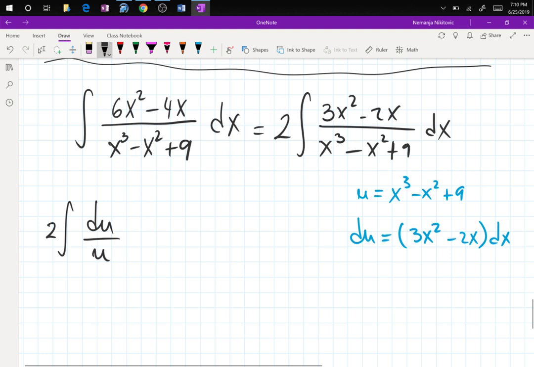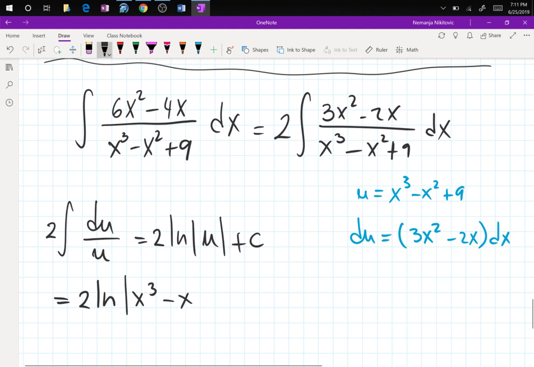The top times dx is du, and the entire bottom is u, which gives 2 ln absolute u plus c. And then again, I don't care about u, I care about the x, which means 2 ln absolute x cubed minus x squared plus 9 plus c.